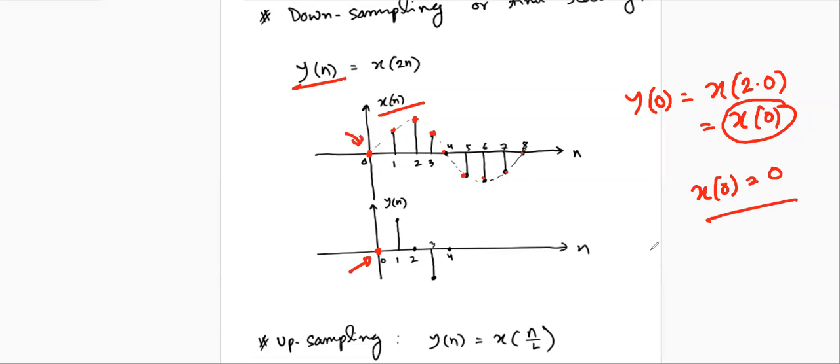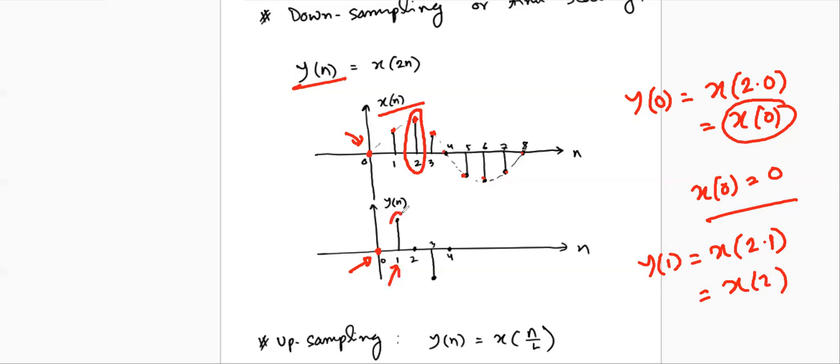Okay, now we can move to y[1]. We are searching for that. That is x[2 times 1], so that is x[2]. Where is x[2]? What is the value? This is our x[2], and that will be presented at the location of y[1].